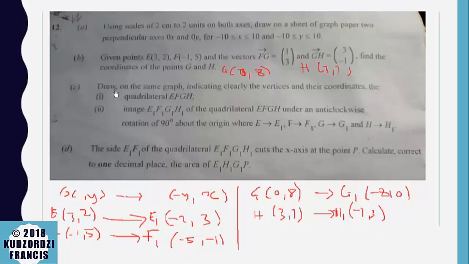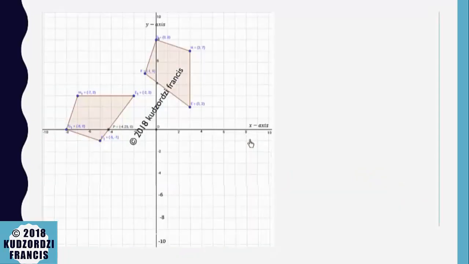Now we are done with this, so what we need to do now is to plot all of them on the same graph sheet. So let's do that now. So we have the points over here. We have E with coordinates, then we have H with coordinates, then we have G with coordinates (0, 8), then we have F with the coordinates (-1, 5).